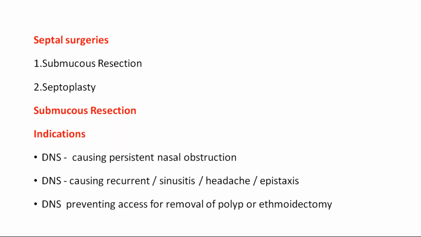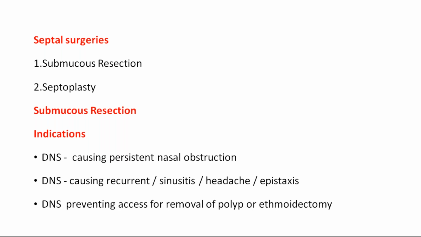So you have to have a little patience and do it very slowly to prevent undue fracture of the septum. If you are rough there and the septum fractures, it will be very difficult for you to manage. So make sure you are very gentle and spend some time there, and then slowly elevate the septum.